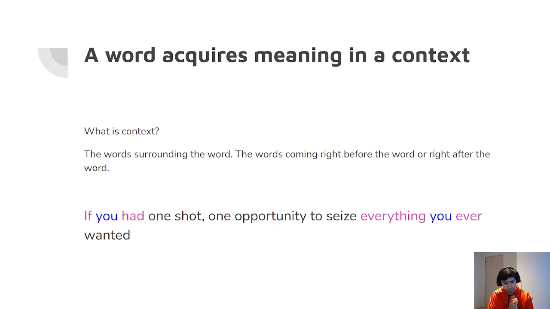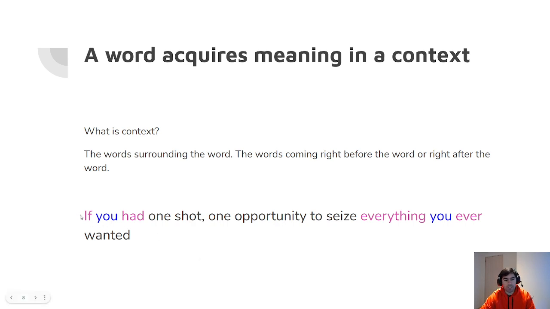So in this case, if we focus on the word "you," the words "if" and "had" become a context, and later again we have the same word "you," and "everything" and "ever" become the context.